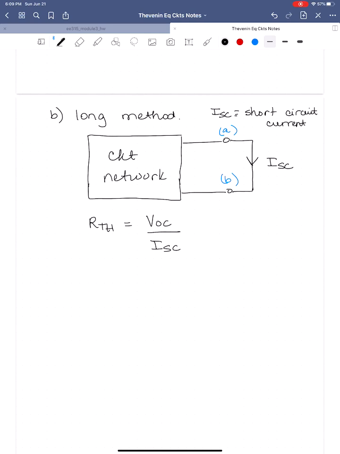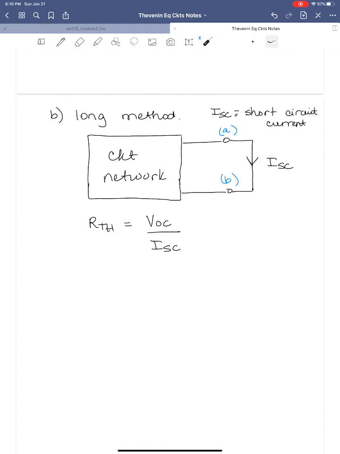Okay? So, some things to note here, that for the circuits that we will work in this class, our R Thévenin is always going to be a positive quantity, which means that V open circuit and I short circuit both have to have the same sign in order for our R Thévenin to be positive. So keep that in mind.